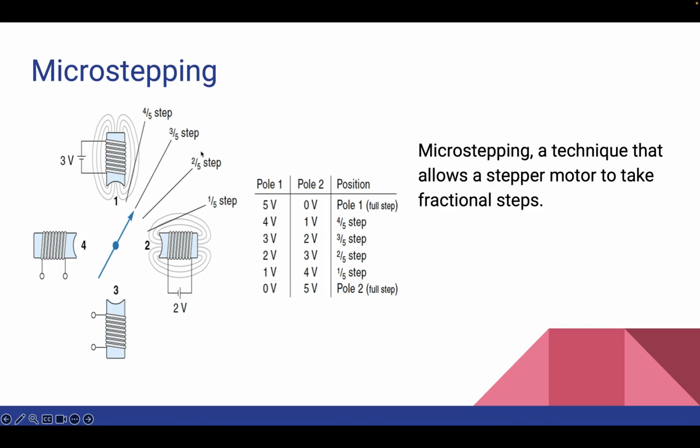And it's important to note a couple of key points about microstepping. First is that it doesn't necessarily require a special stepper motor, but rather specialized control circuitry, making it a versatile option for enhancing motor performance.